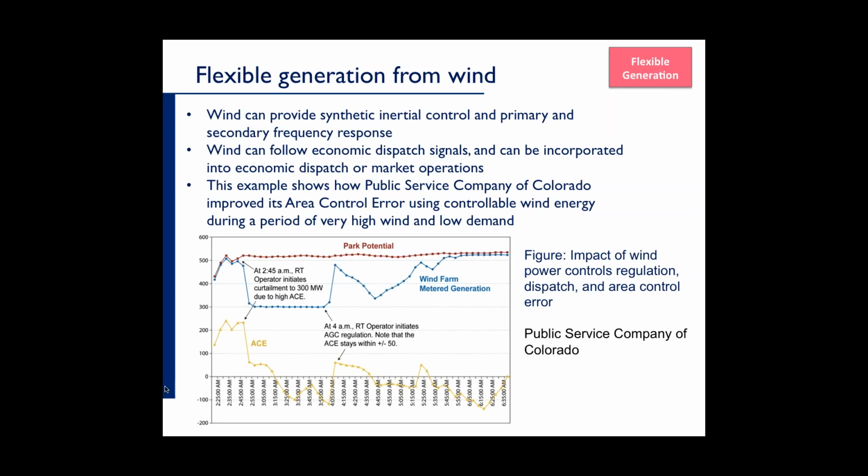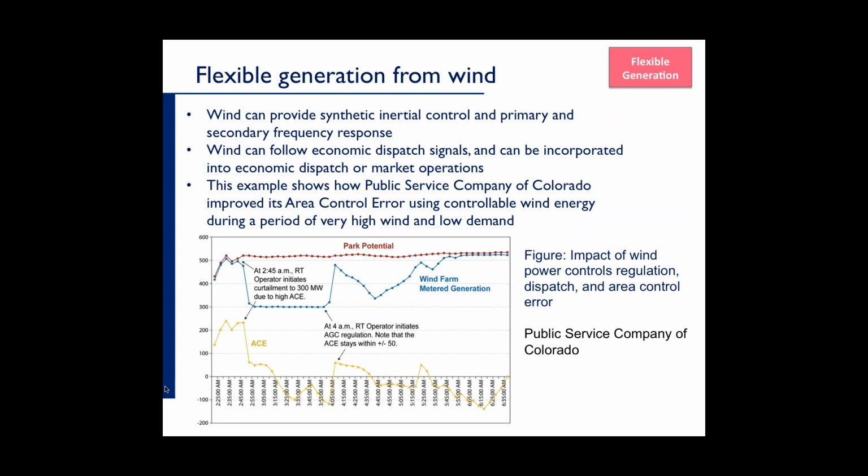There was low demand, there was high wind, so the operator at 2:45 initiates what we call a block curtailment of wind. He said, well, I'm just going to turn all the wind down to 300 megawatts, and that'll fix ACE. Well, you can see on the graph that happened at 2:45. By 2:55, ACE drops, but it turns out that ACE went to negative 100 megawatts, and the operator said, well, you know, I've overcompensated.